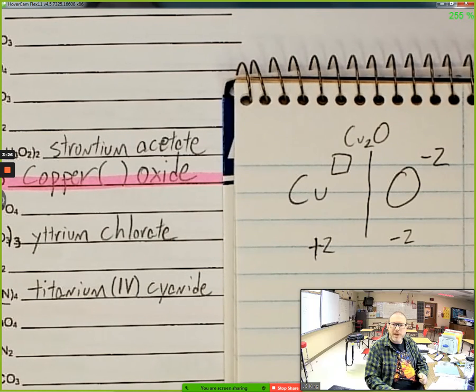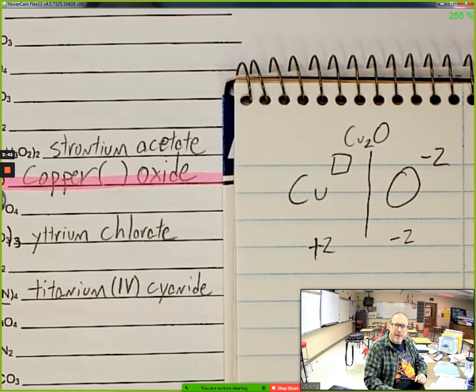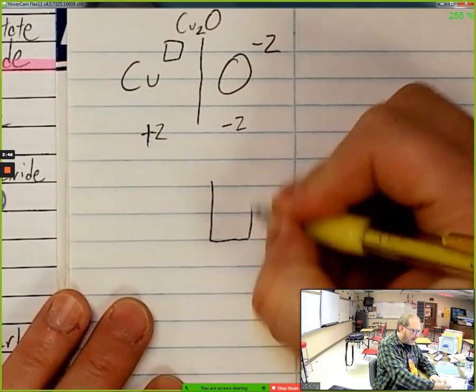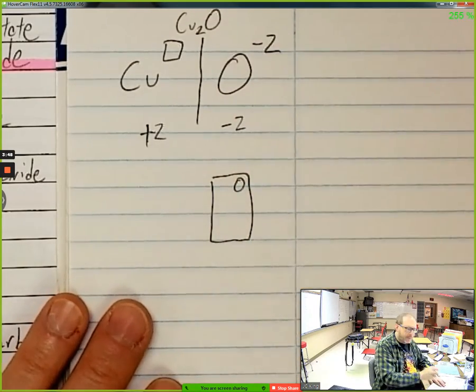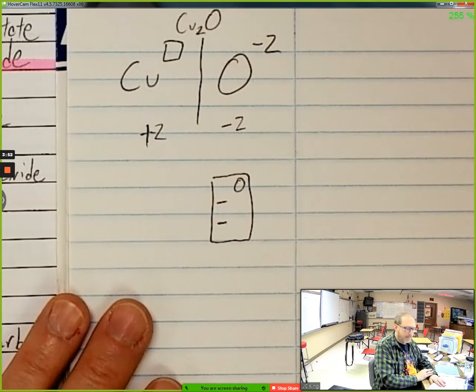Okay. The question was, I've got two copper atoms. I've got a total charge of +2, so how much charge will each of those copper atoms have? One. They'll have +1. That's absolutely right. Another way to look at that is if you imagine I've got an oxygen atom here, and it's got two negative charges.